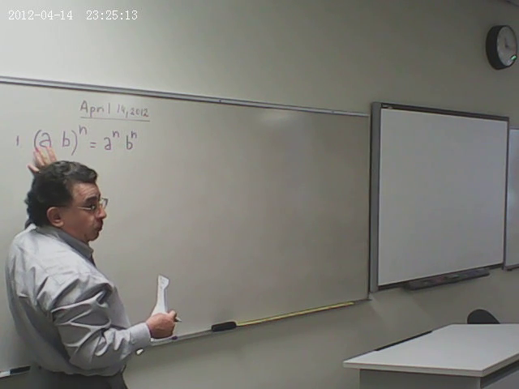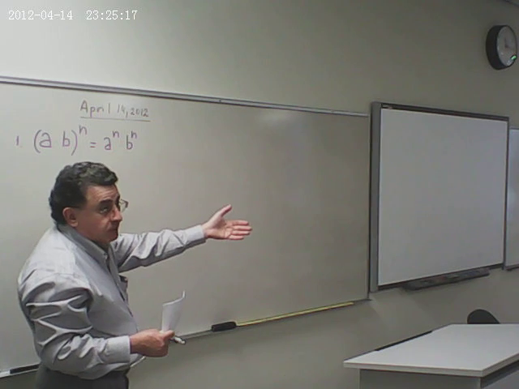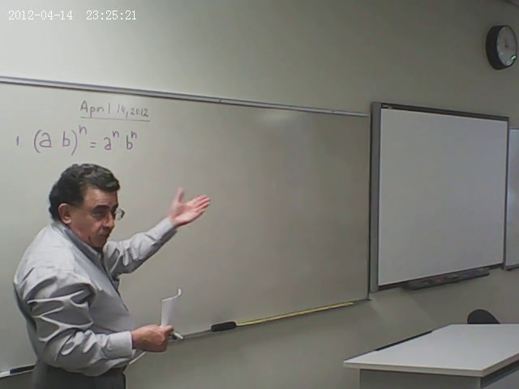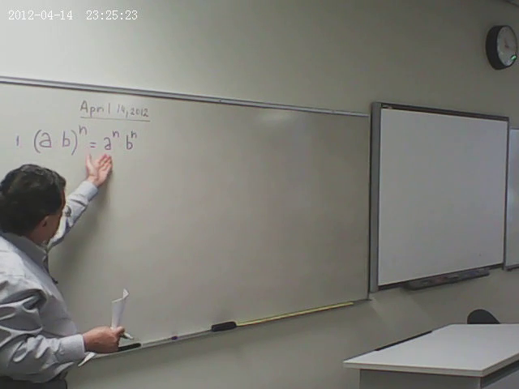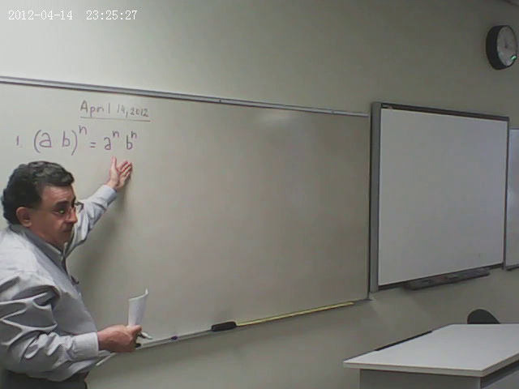Or if this product is given to you and you need to simplify further to make your computation, right, to get numerical answer, you can use the right-hand side formula.